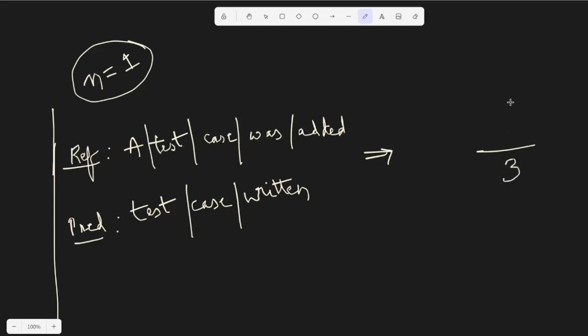Then in the numerator, you take the number of matching words. So let's say you have this as a match and this. The test and the case, both words are a match in both of the sentences, right? We're only looking at 1 word matches here because the hyperparameter is set to 1. Similarly, if the hyperparameter is set to 2, you would look at 2-word matches.